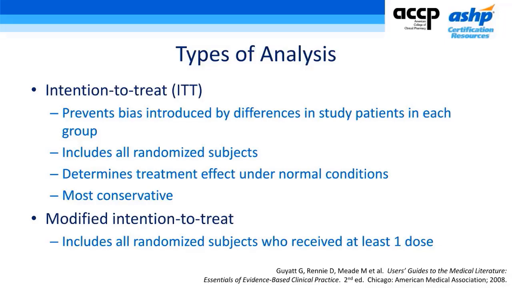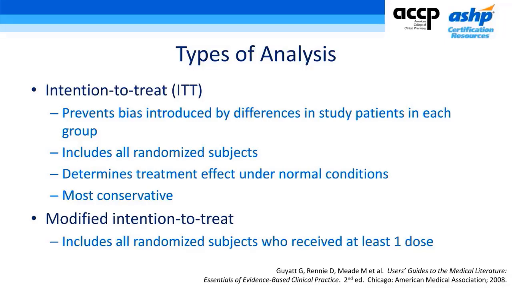It also helps determine the treatment effect under normal conditions. And so we can prevent bias introduced by these differences in study patients in each group using the intention to treat analysis. I do want to point out that this type of analysis is the most conservative type that we have.